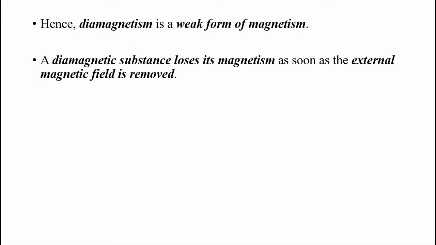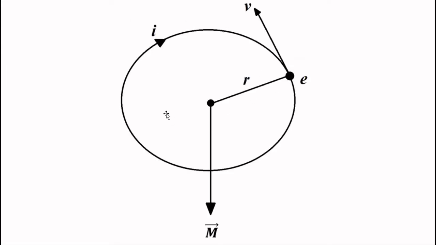So again, here the magnetic dipole moments come into play. Again, the electrons in the various orbits of the atom revolve around the nucleus and possess magnetic moments.